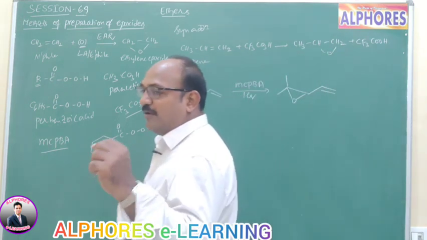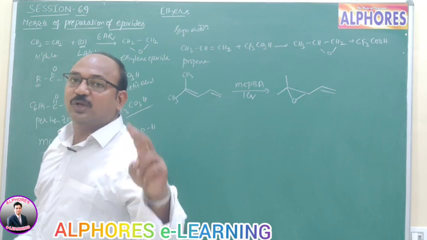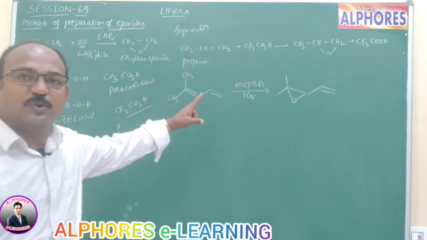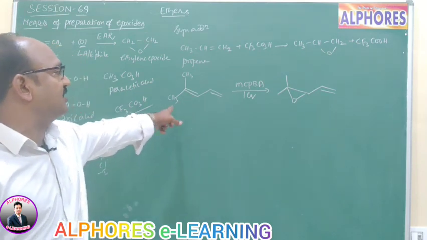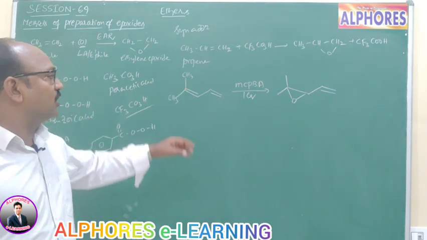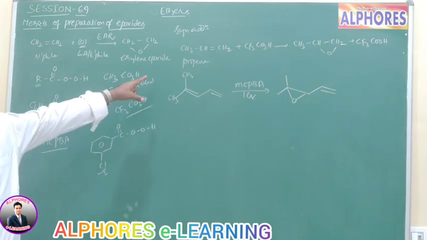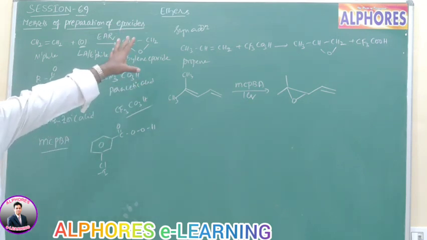That means whenever two different unsaturated positions are there, oxidation takes place at the more electron-rich center rather than the less electron-rich center.